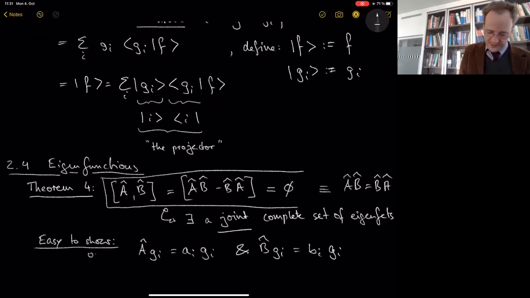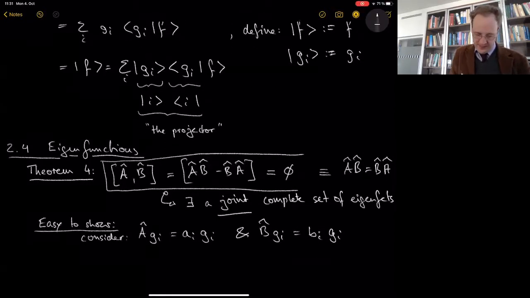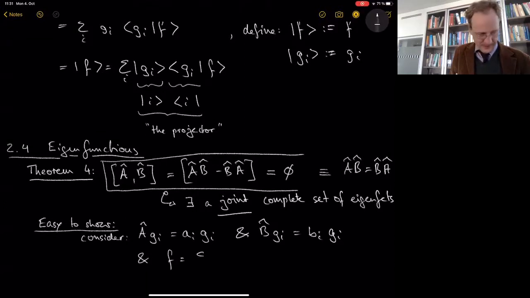So consider this. And we expand now our function in a complete set of these eigenfunctions. Right.